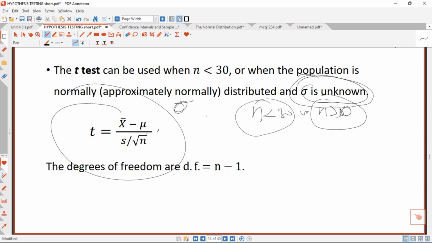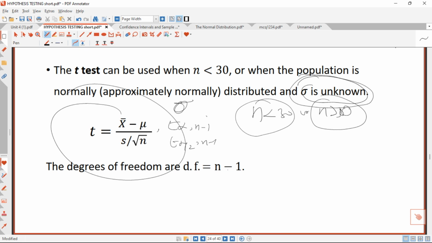But I want to show you something here. We are going to compare it with our degrees of freedom. This is how you get the critical value from the t distribution table: t of alpha comma n minus 1, or t of alpha divided by 2 comma n minus 1. After calculating our t calculated, we compare it to our critical values.